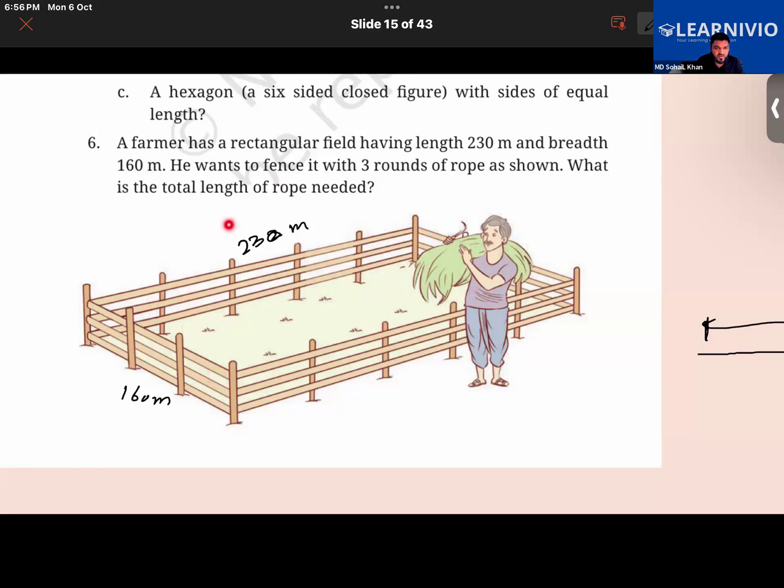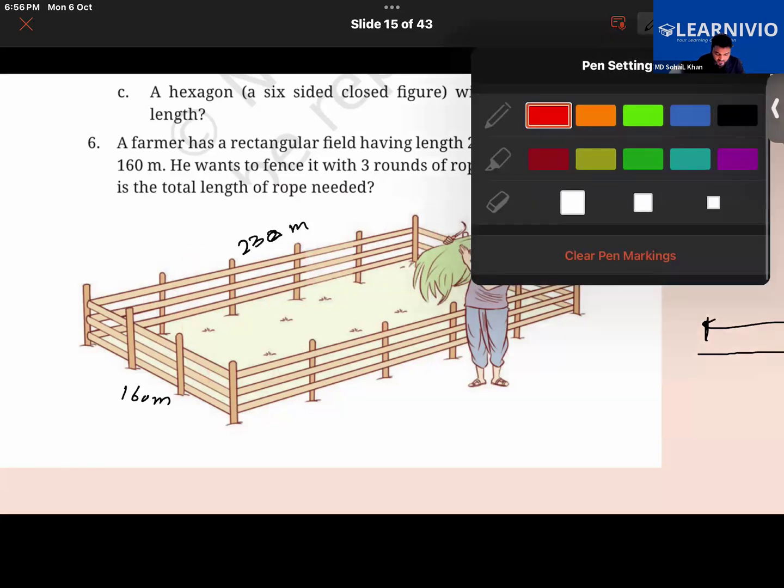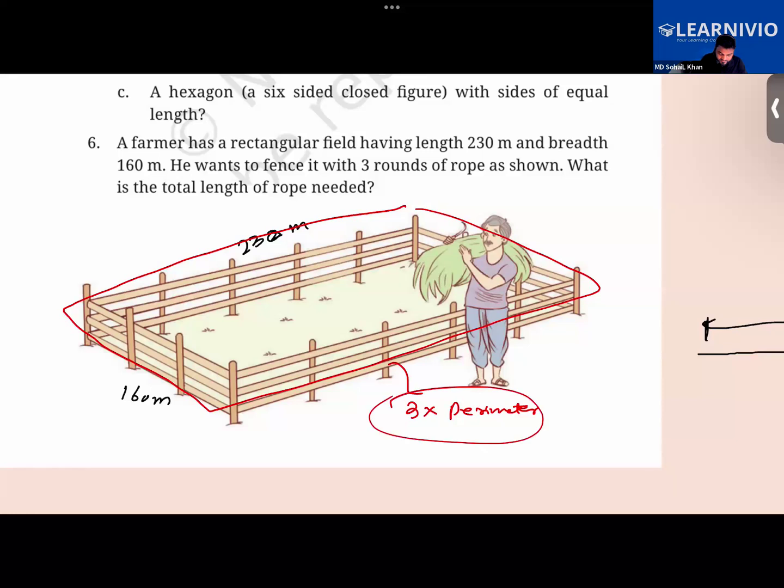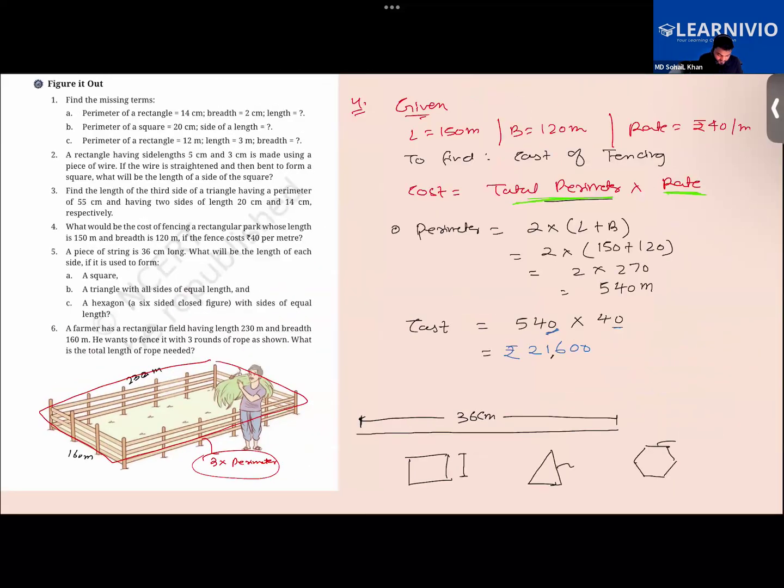So what is the total length of the rope needed? One round around the field will be its perimeter. And he has to fence it with 3 rounds of rope, so you have to simply multiply it with 3. Got it, both of you? I believe you guys can do this one also at home.